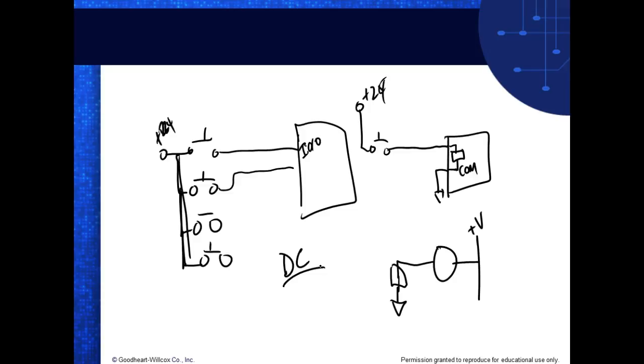It's 60 cycles a second. That means it's changing polarity every 1/60th of a second, or every 8.333333 milliseconds.